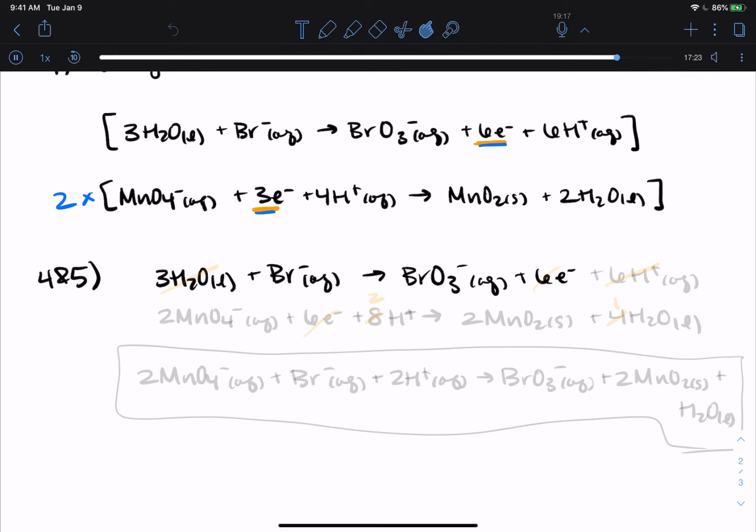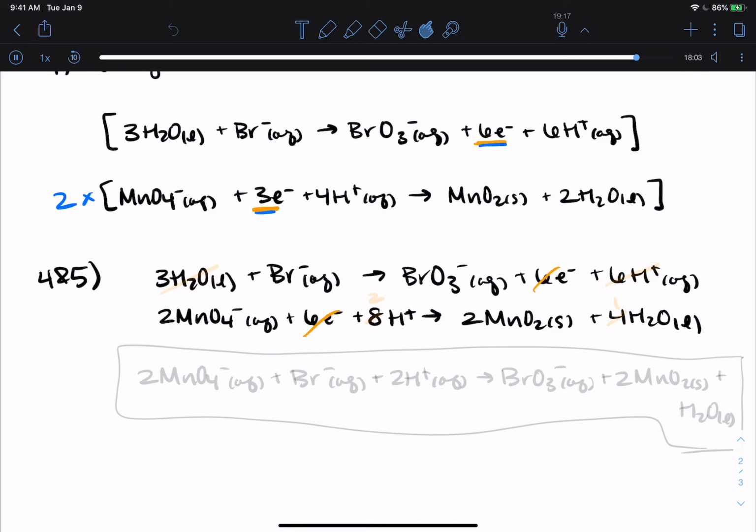Plus 6 electrons plus 6 H plus aqueous, and then my bottom reaction, after I multiply that through, I'll have 2 MnO4 minus plus 6 electrons plus 8 H plus, turning into 2 MnO2 and 4 H2O. So my 6 electrons on each side will cancel, but then I have some other reductions to do.